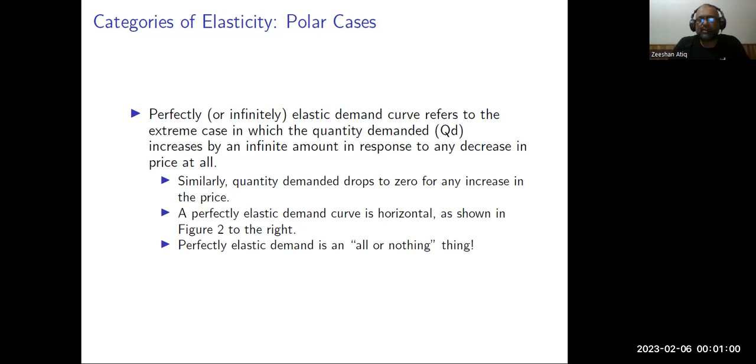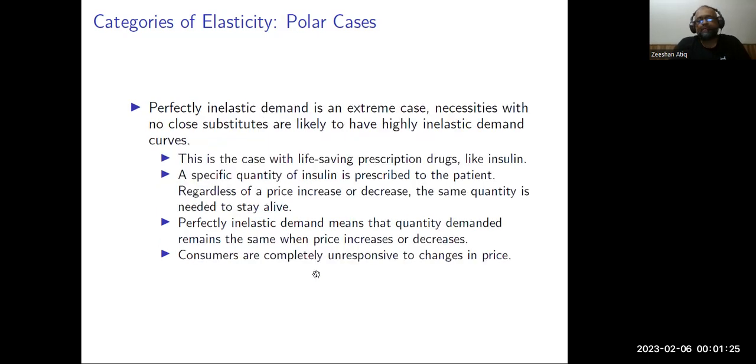Similarly, a small increase in the price can cause his demand to become zero, because everybody knows that the same product is available somewhere else, at other shops, and that is very easily accessible. So his demand becomes zero. In this particular case, the elasticity is perfect. It again has an all-or-nothing characteristic.